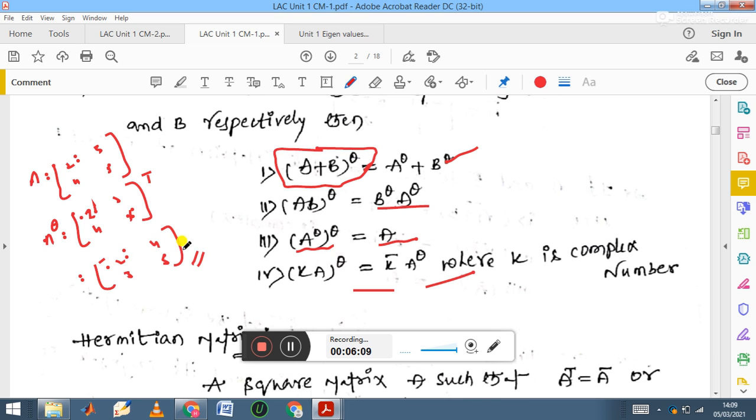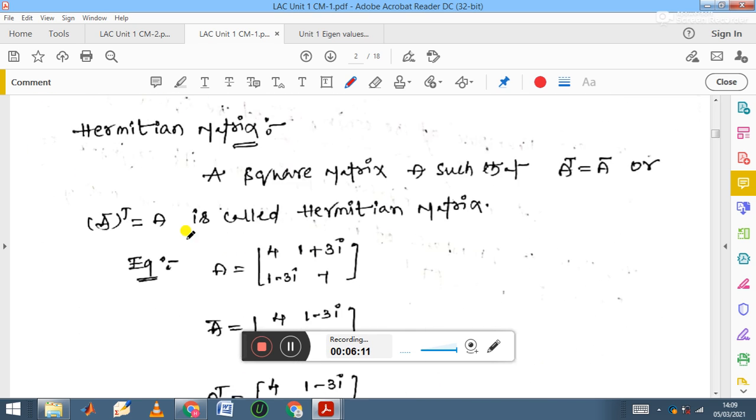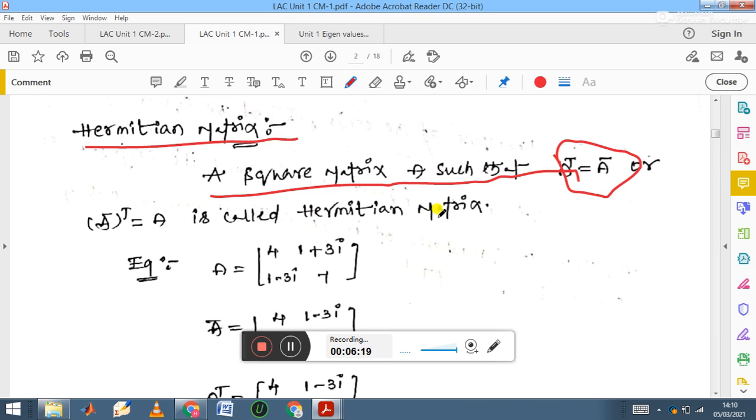Now look at the next definition, Hermitian matrix. A square matrix A such that A transpose is equal to A bar, or A bar whole transpose is equal to A, is called a Hermitian matrix.